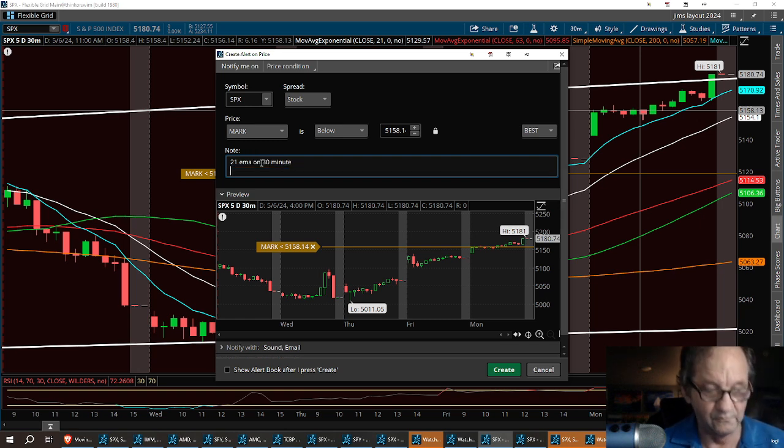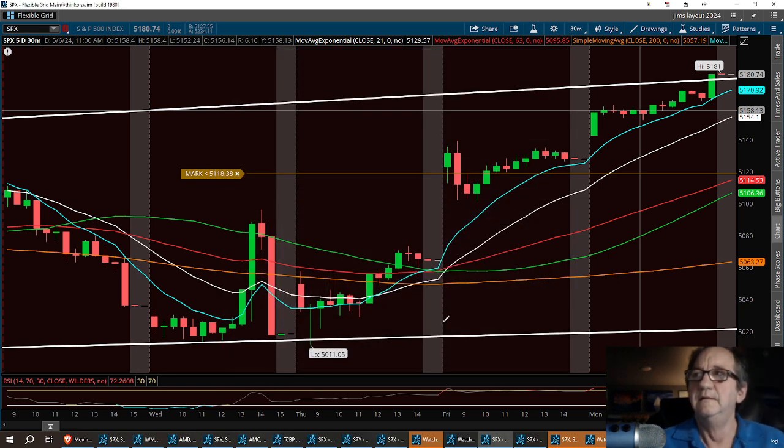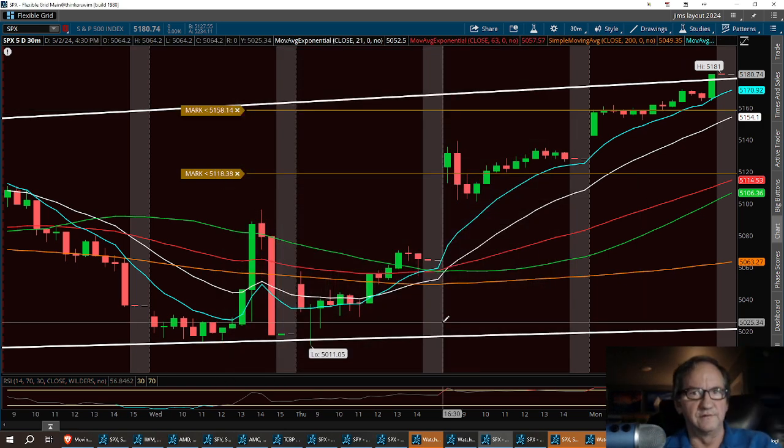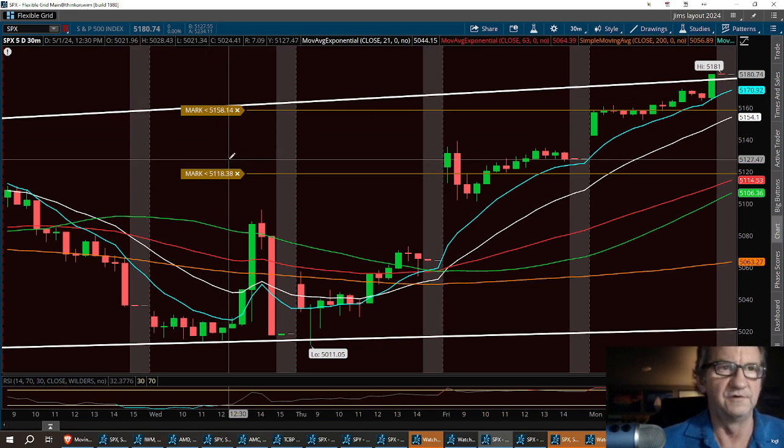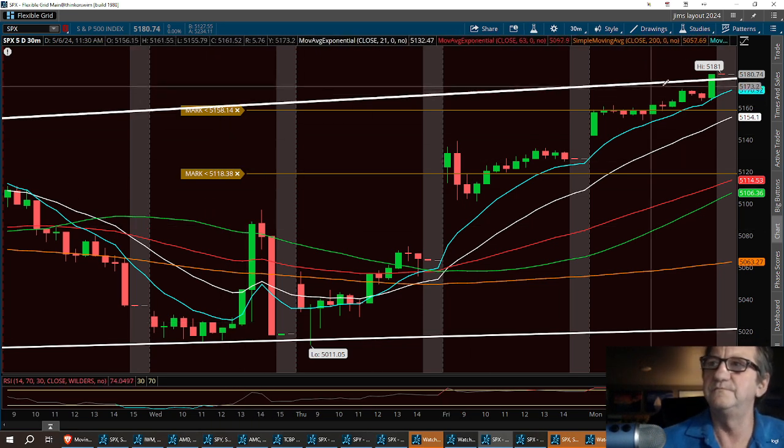Then I may have a reference tool to go back and check that trade out when the alert is triggered. So I trade off my alerts. When I set my alerts, I set alerts on almost every chart I look at that's bullish.